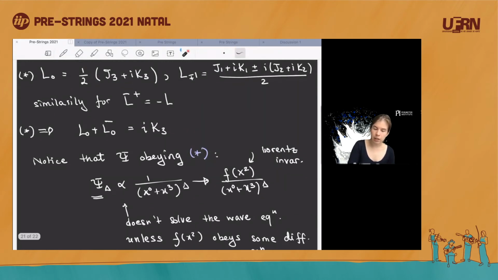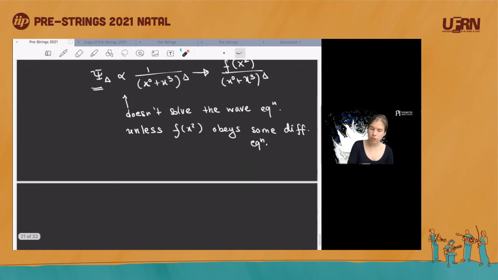reason in picking my L0, my SL2C generators, to be these particular linear combinations.